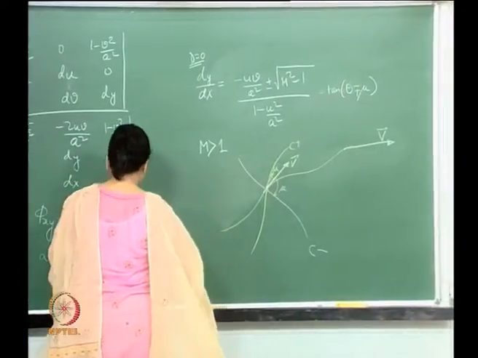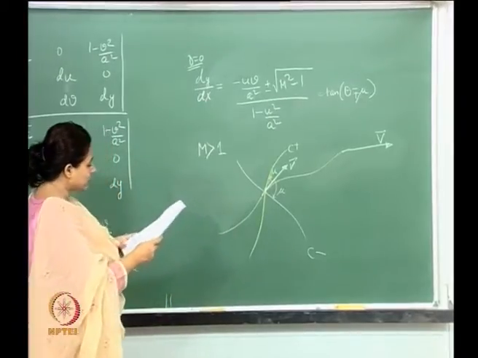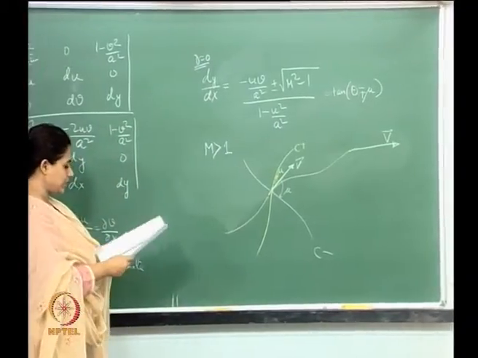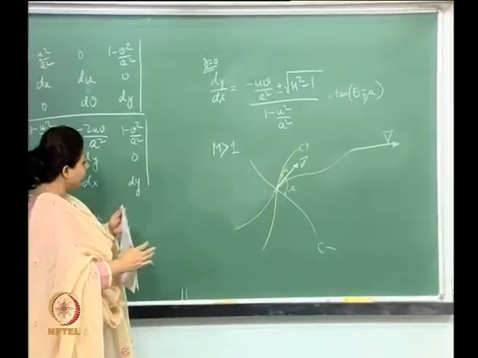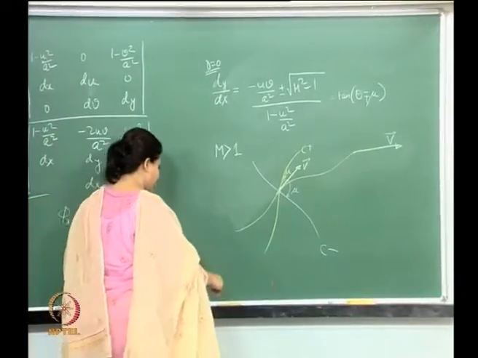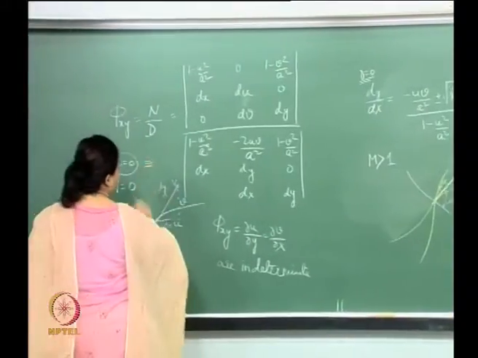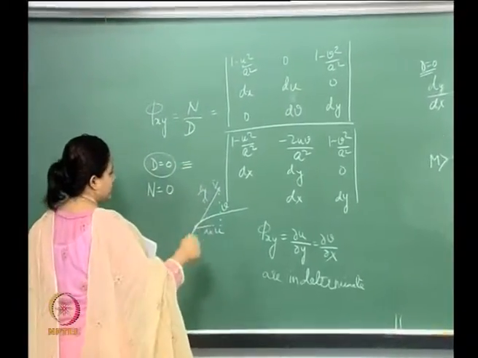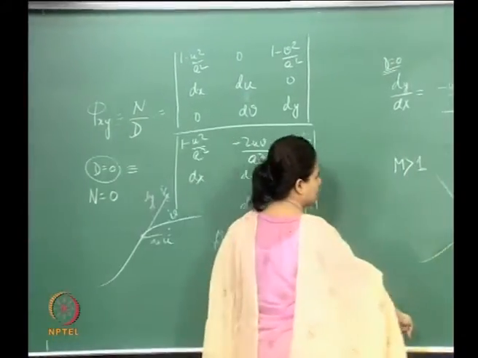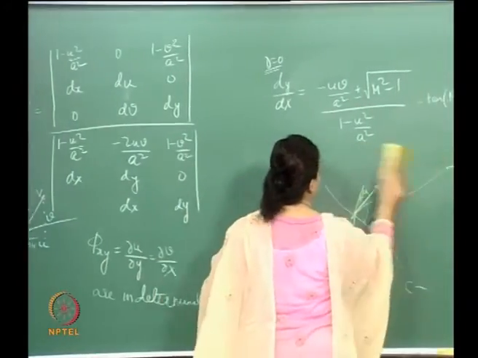Now, having done this, we finally came up with the compatibility equations. We came up with the compatibility equations by setting n equal to 0. So, let us see what that looks like, and what we will do with that.